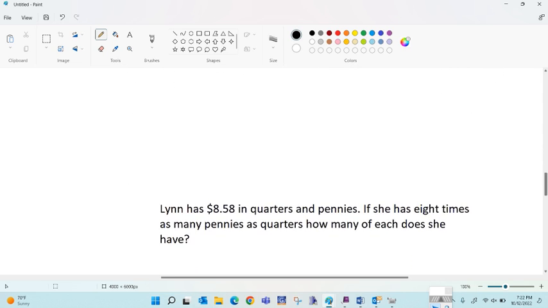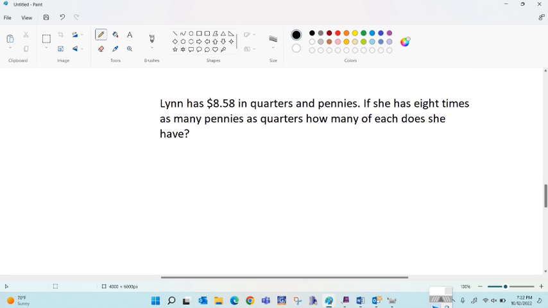Okay, let's take a look at just one more. This one's a little simpler. Lynn has $8.58 in quarters and pennies. If she has eight times as many pennies as quarters, how many does she have? Okay, so it's basing it off of 8 times as many pennies as quarters.